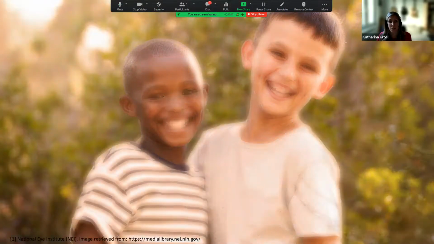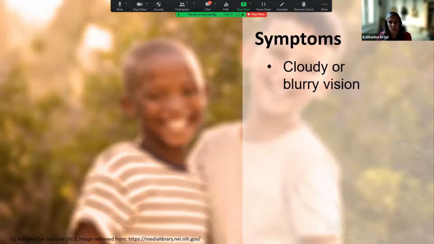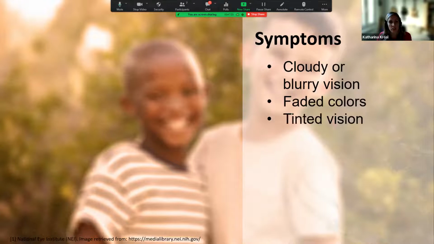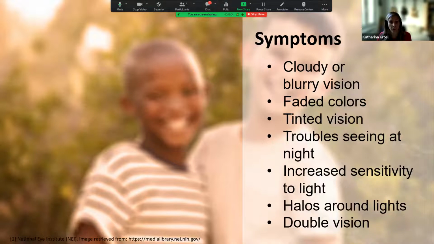Cataracts can cause symptoms such as cloudy or blurry vision, faded colors, tinted vision, trouble seeing at night, increased sensitivity to light, halos around lights, or double vision. So a lot of different symptoms.